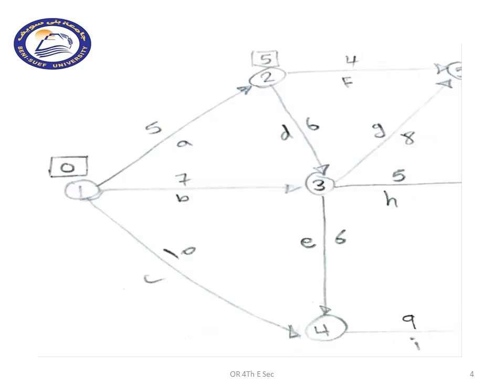First, we calculate the earliest starting time for each node. This time represents the point in time before which I cannot start any activity.